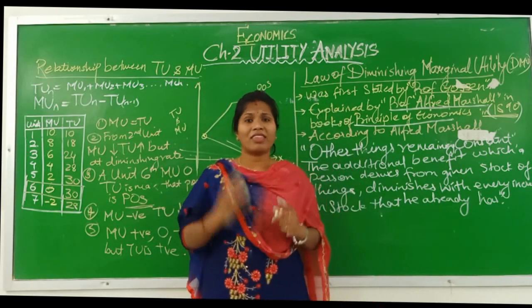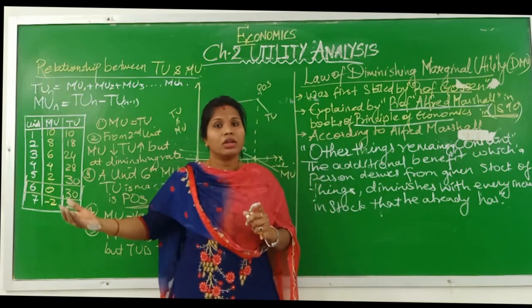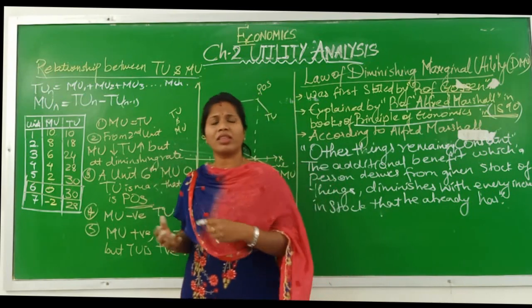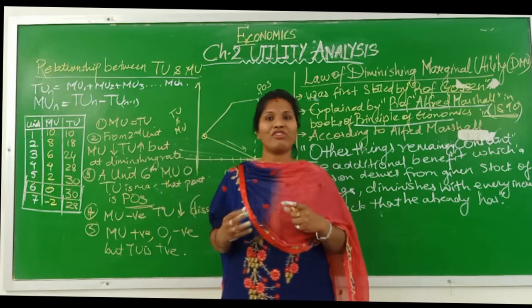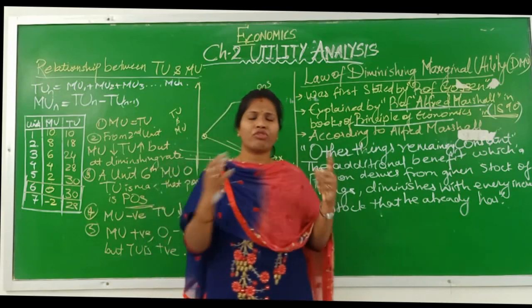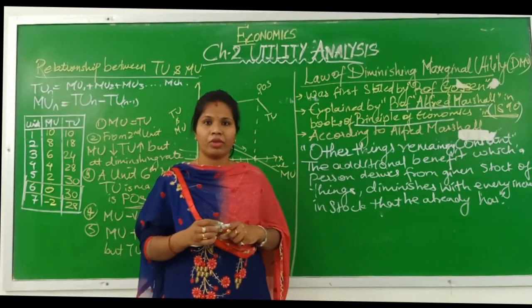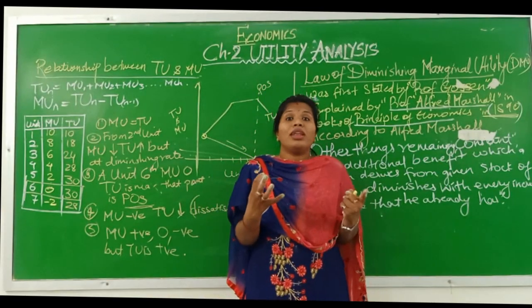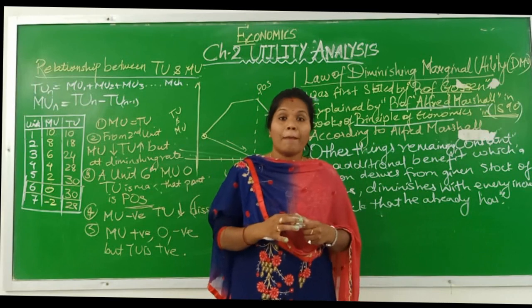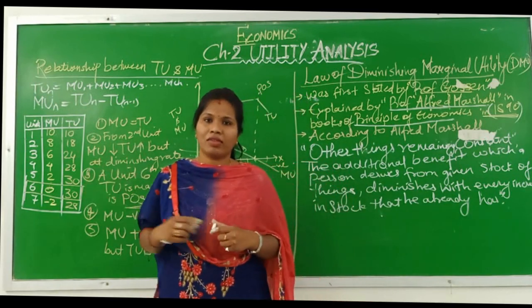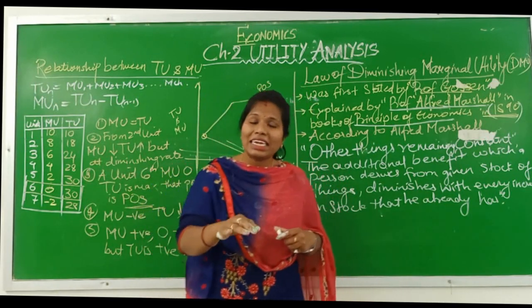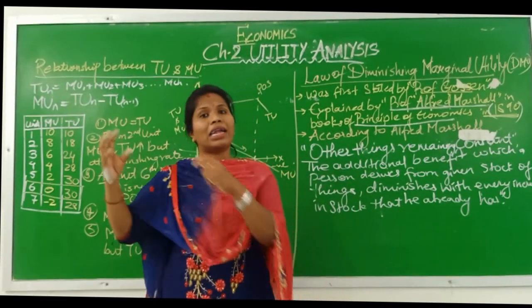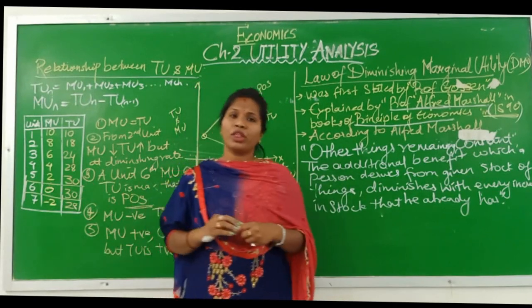That means you are having 3 copies of the same t-shirt, same color, same size, same texture, same print, same everything. So the first t-shirt which you had was full of excitement because you liked it. But as the stock increases, your utility decreases. The craziness for that t-shirt decreases because you already have that t-shirt with you.